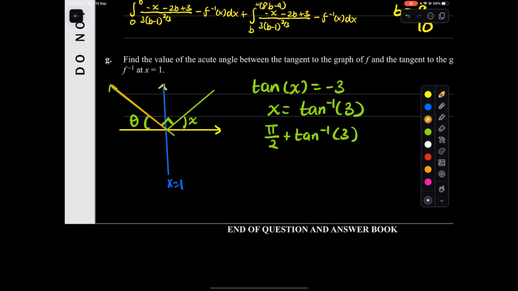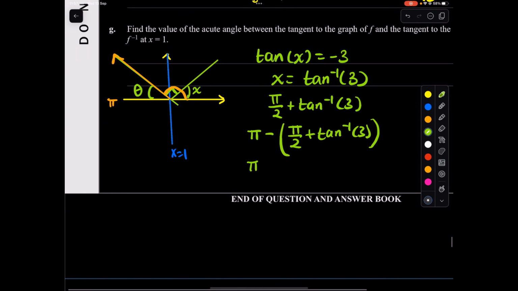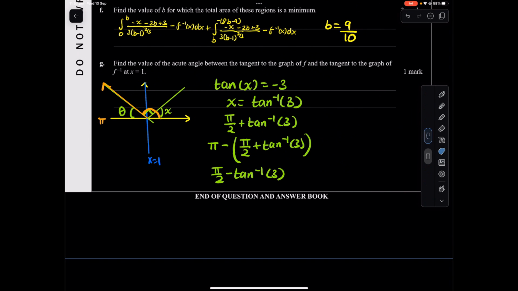Because we know this here is pi, now that we've got this whole angle, we just need to say pi minus pi over 2 plus tan inverse of 3. So that'll be pi minus pi over 2, which is just pi on 2, minus tan inverse of 3. Is that it? That should be the answer.